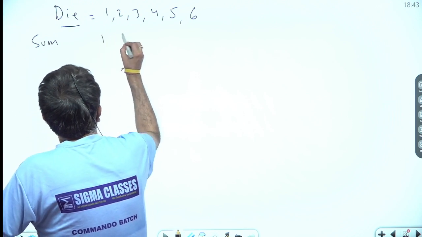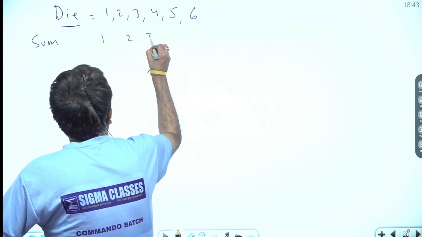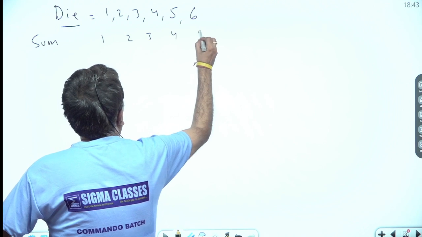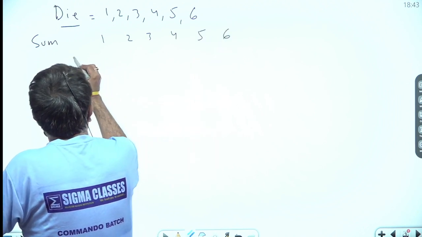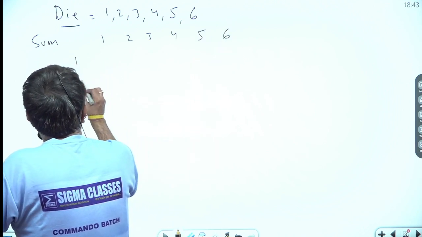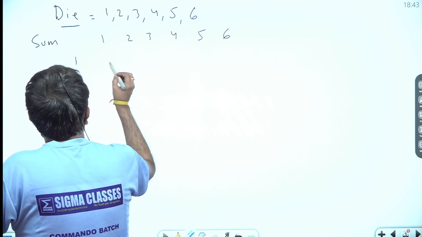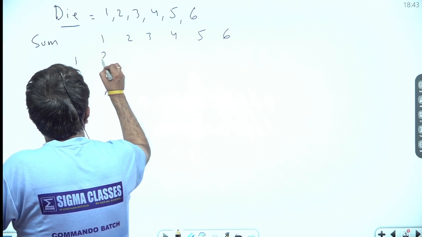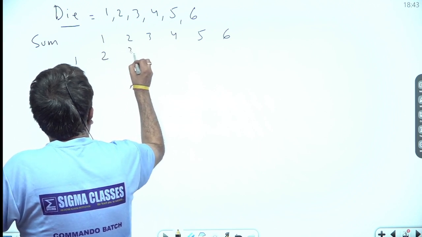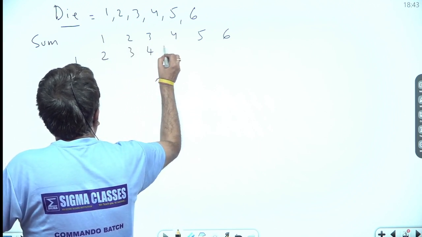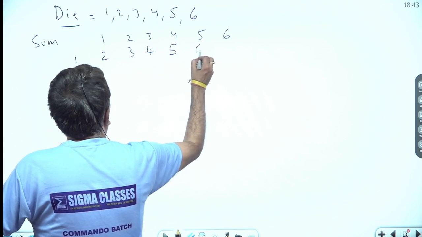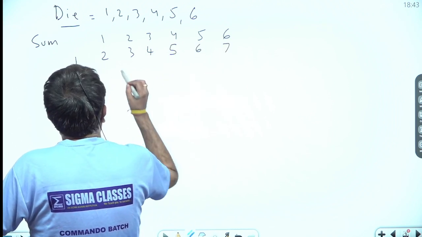Now dice 1 can have 1, 2, 3, 4, 5, 6, and dice 2 can have 1, 2, 3, 4, 5, 6. So 1 and 1, the sum is 2, 3, 4, 5, 6 and 7.